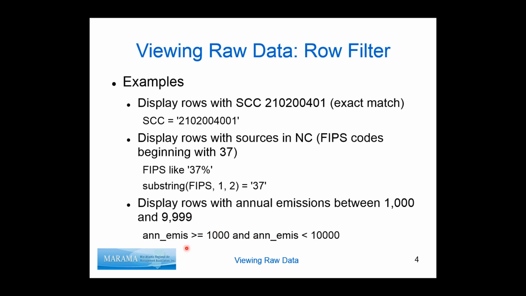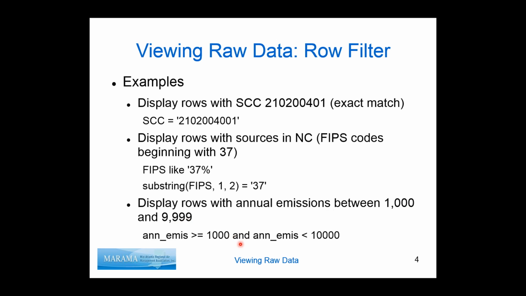This is a compound statement where the AN emiss is the column that holds the annual emissions values. We're saying that the annual emissions are greater than or equal to 1,000, and the annual emissions are less than 10,000. That will give us all the emissions between 1,000 and less than 10,000.